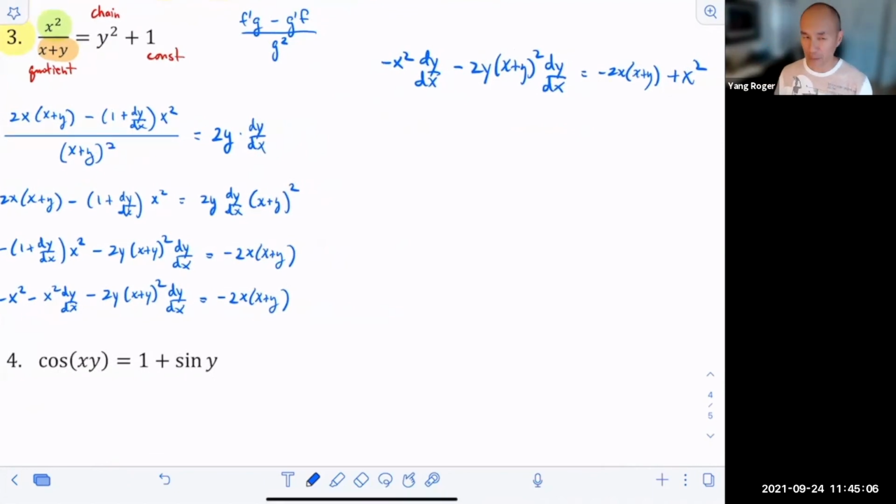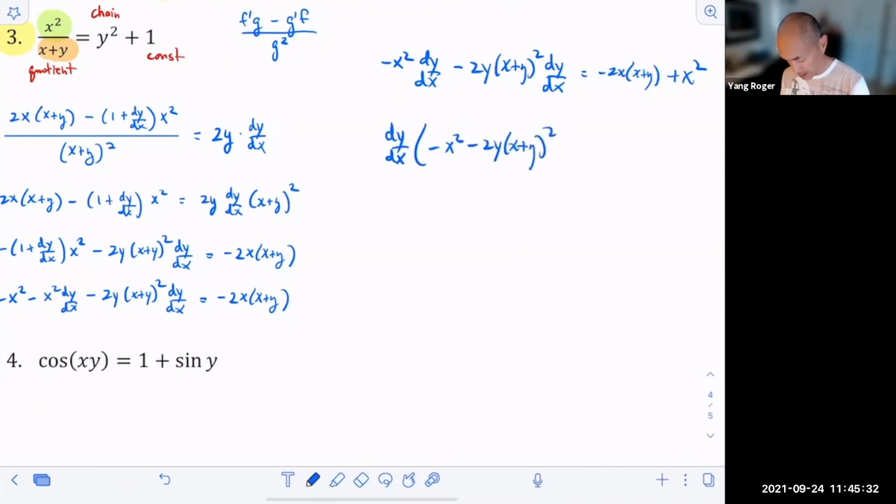Now I'm very happy. It looks psychologically kind of intimidating, but I have something times dy dx minus something times dy dx, and then I have a bunch of other stuff on the right. So I can now factor out my dy dx. I get dy dx times negative x squared minus 2y times x plus y squared equal to negative 2x times x plus y plus x squared.